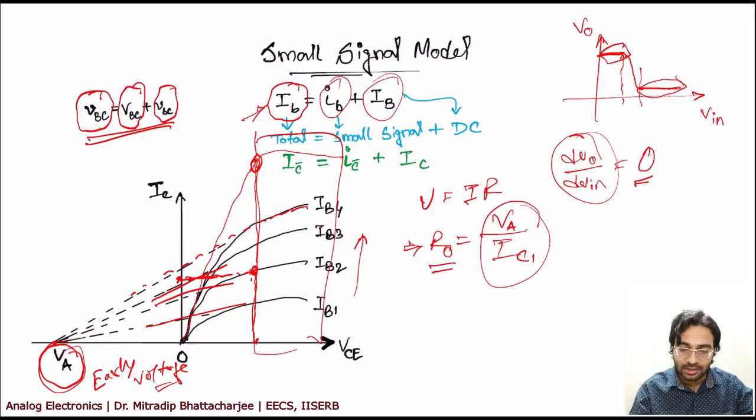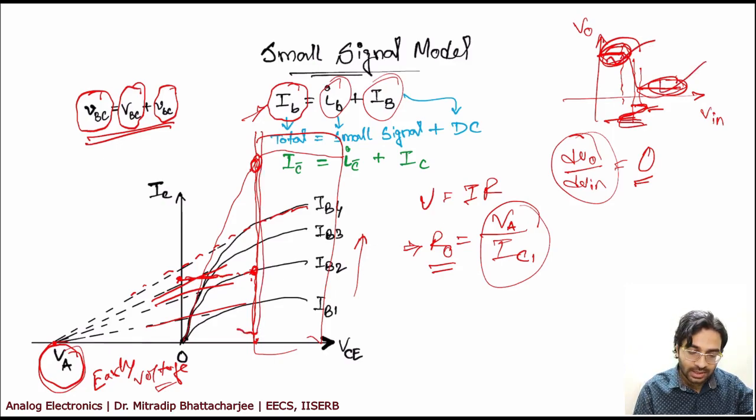you just cannot increase the I_C abruptly, because this is what you are biasing, this is your I_C, and this is your input signal, say V_in, so you will end up in these domains, or if you increase the I_C, you will end up in the saturation region. So you cannot increase that I_C.